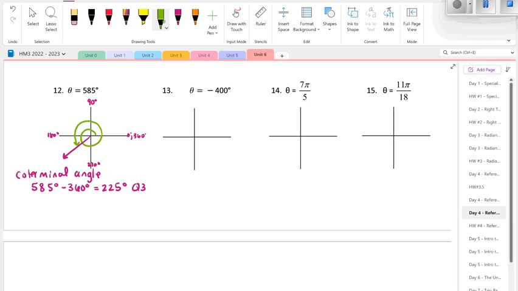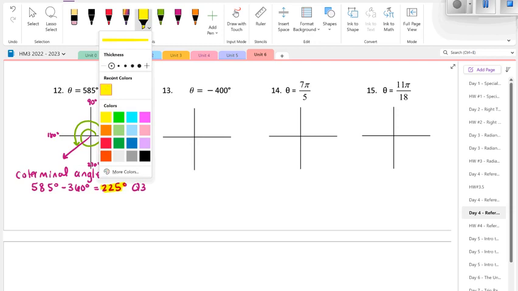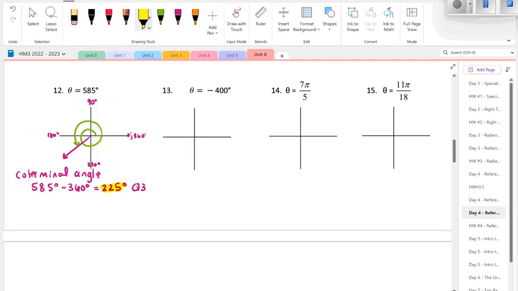So then the next thing that we need to do is find the reference angle, and we're going to use the 225, which is coterminal with the 585, to help us. And so remember, the reference angle again is the positive acute angle made with the terminal side and the shortest angular distance to the x-axis. So this right here is going to give me my reference angle. So we need to figure out what that angle measurement is right there.